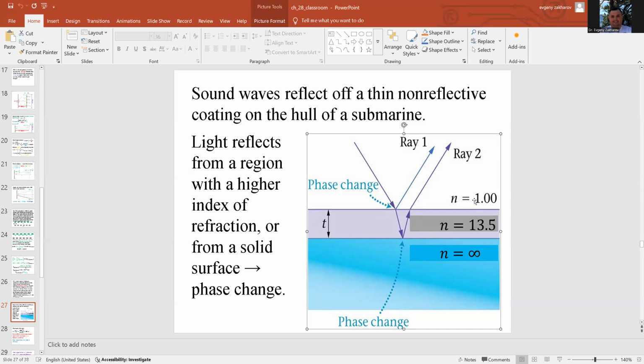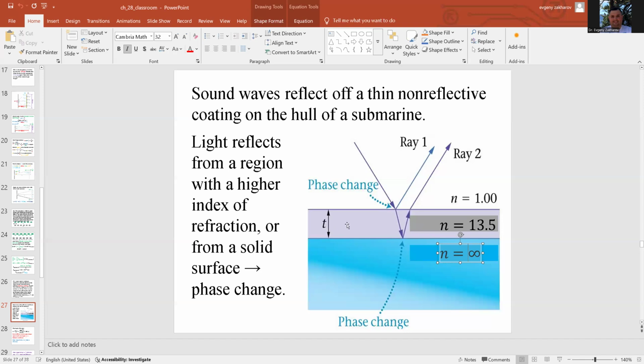You go from lower index of refraction to higher index of refraction, and you get the first phase change from that. And then from the reflective coating towards the submarine itself, you can see that for metals, you have like infinitely large coefficient of refraction. It's pretty much just reflected back into water. So two phase changes, two different transitions between two matters, and you have two phase changes.